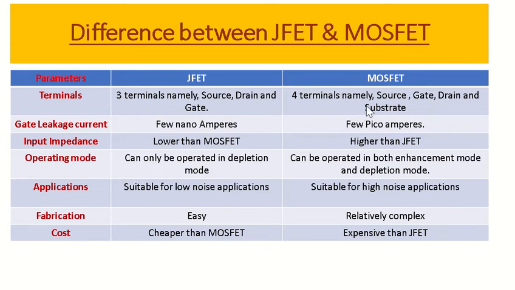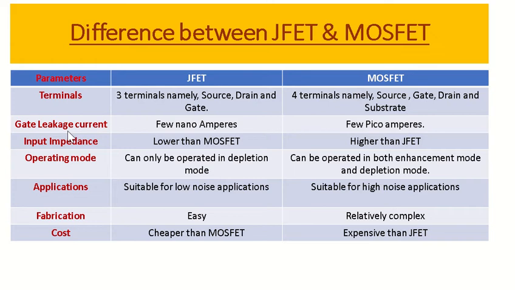If we avoid the substrate, then we can say it is also a three terminal device. But if we consider the substrate, then it is a four terminal device. So this is the terminal wise difference. The difference is only with respect to the substrate, which is in MOSFET, but the substrate is not considered in JFET.